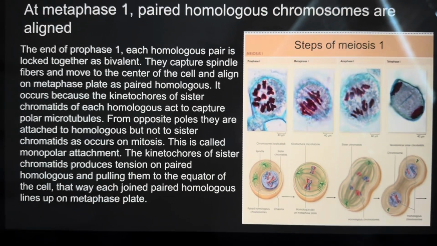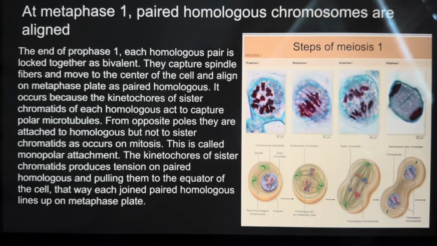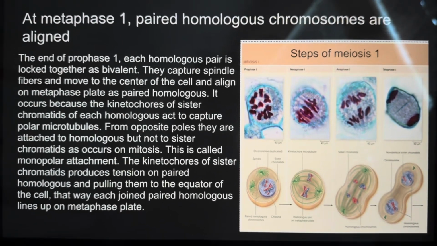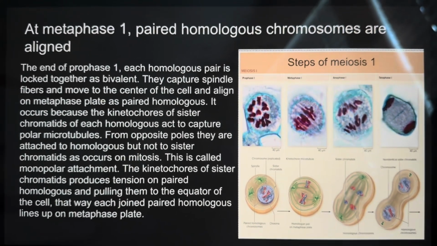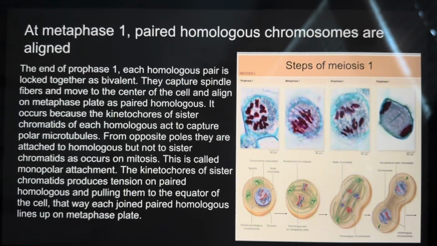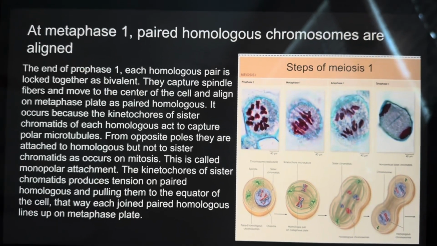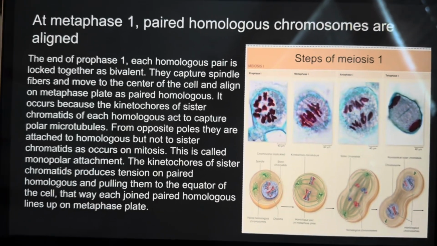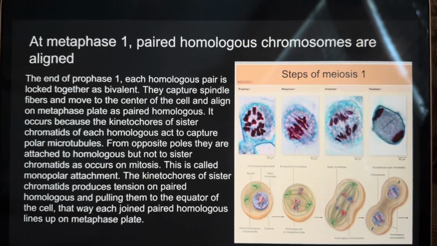They are attached to homologs but not to the sister chromatids, as occurs in mitosis. This is called monopolar attachment. The kinetochores produce tension on the paired homologs, pulling them to the equator of the cell. That way, each joined pair of homologs lines up on the metaphase plate.